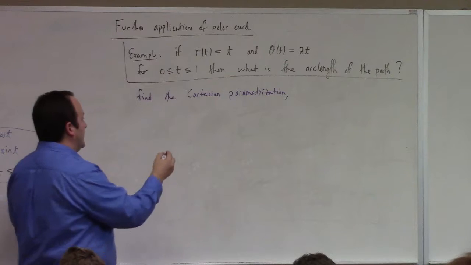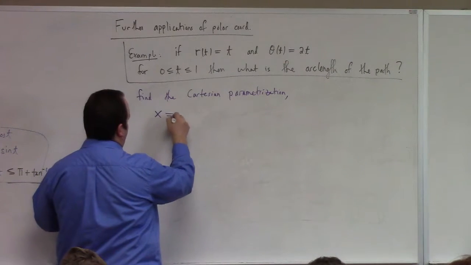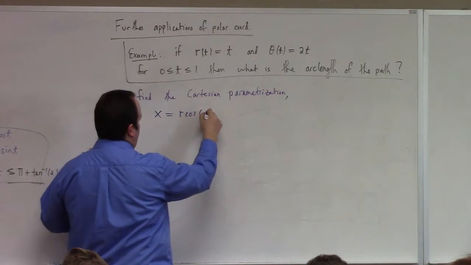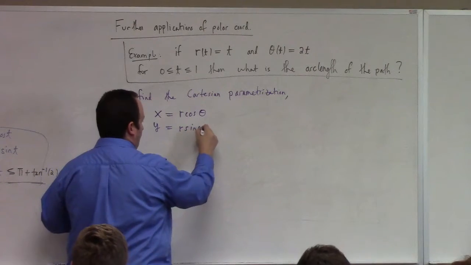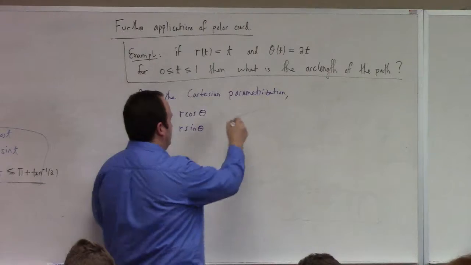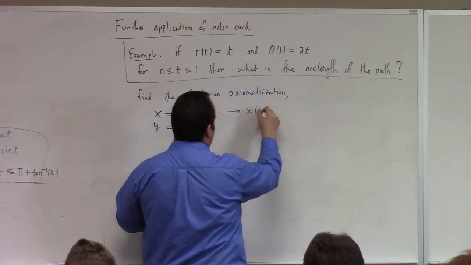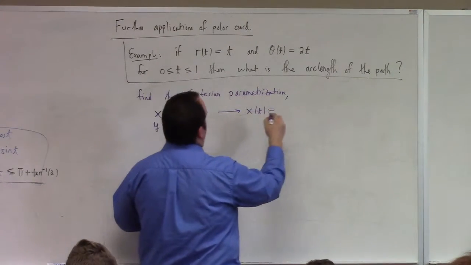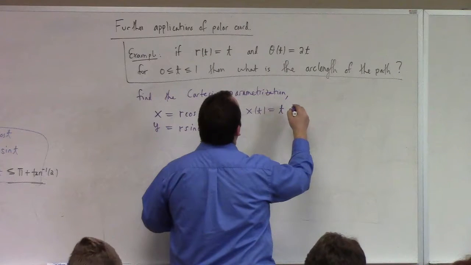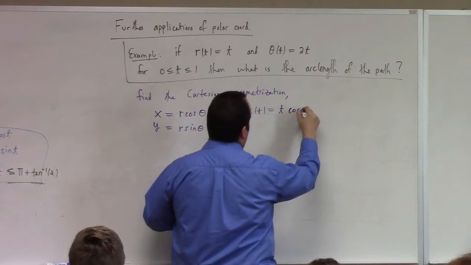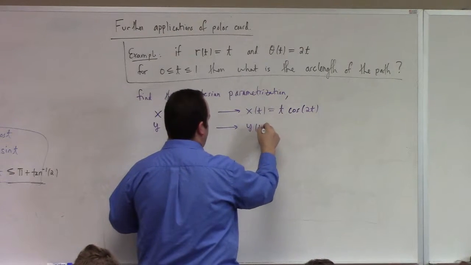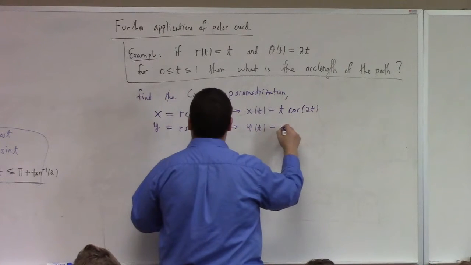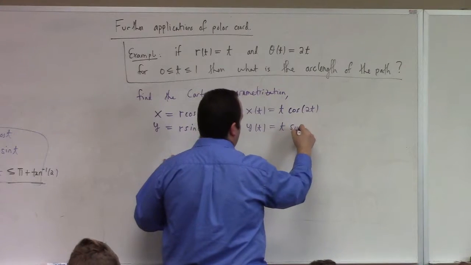So how do I find x and y? x is r cosine theta, y is r sine theta, right? So x of t should be equal to t times the cosine of 2t, and y as a function of time is t times the sine of 2t.